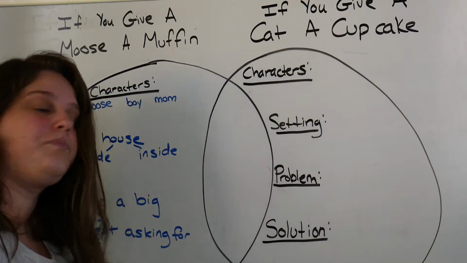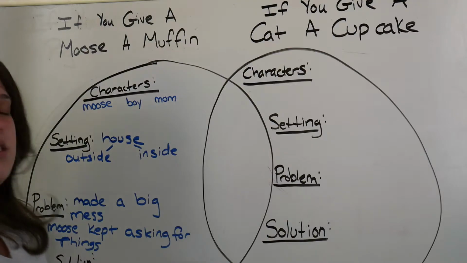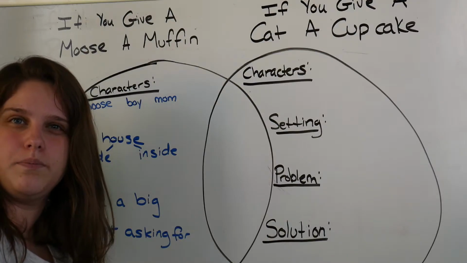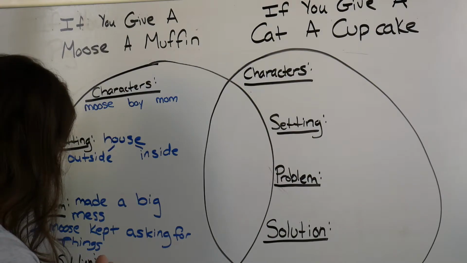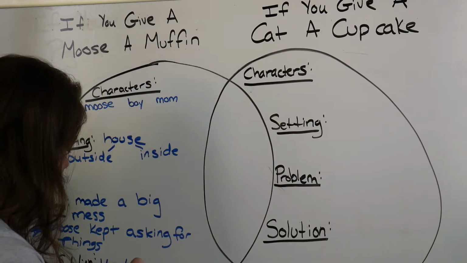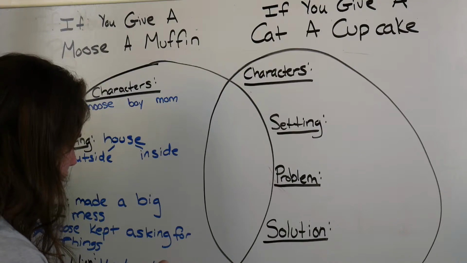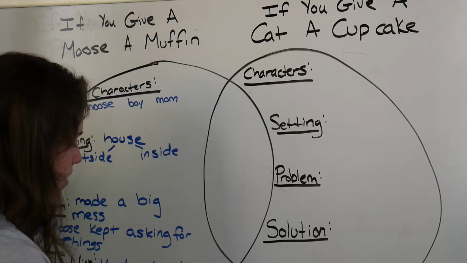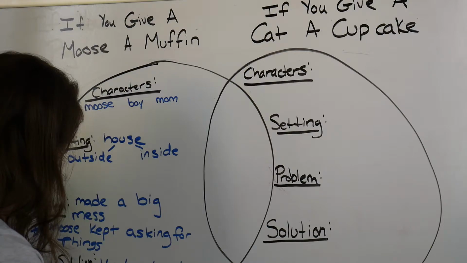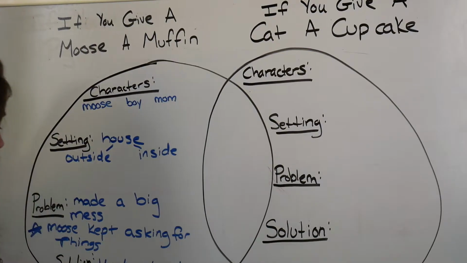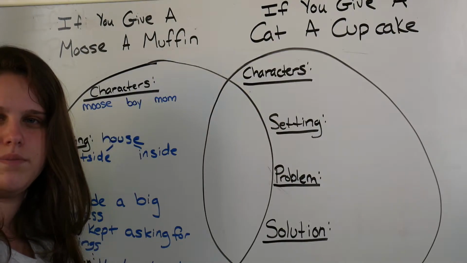The solution. They made a big mess. Did they clean up the mess in the book? They did. The boy cleaned up the mess. So we put the boy cleaned up the mess. Let's see. The moose kept asking for things. Did that problem get solved?